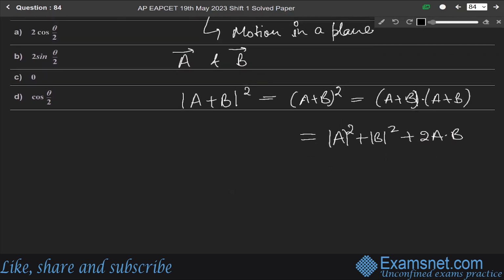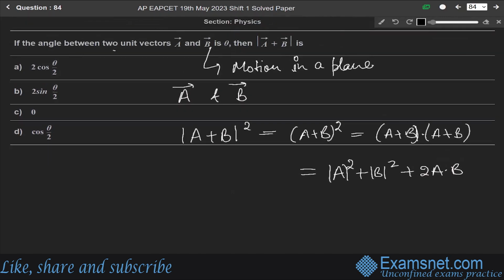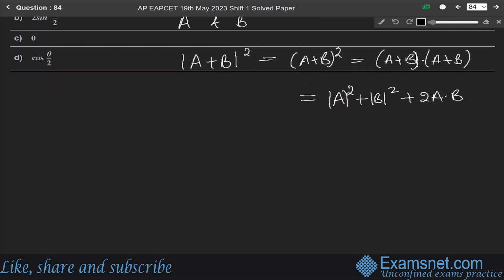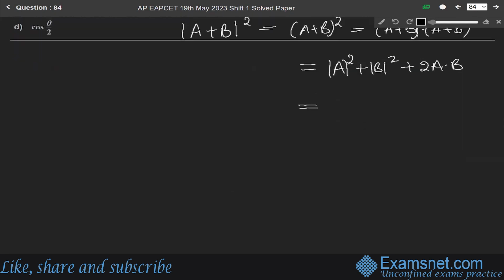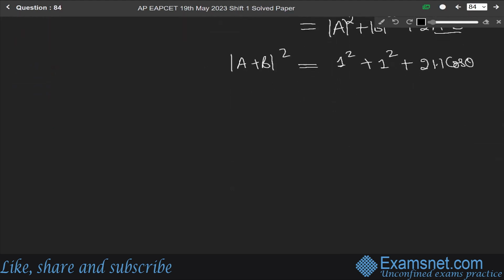Since A and B are unit vectors, A square equals 1 and B square equals 1, so A plus B whole square equals 1 square plus 1 square plus 2 times 1 dot 1 cos theta.